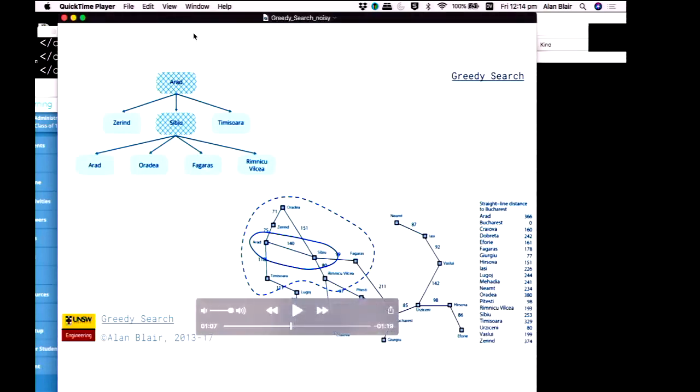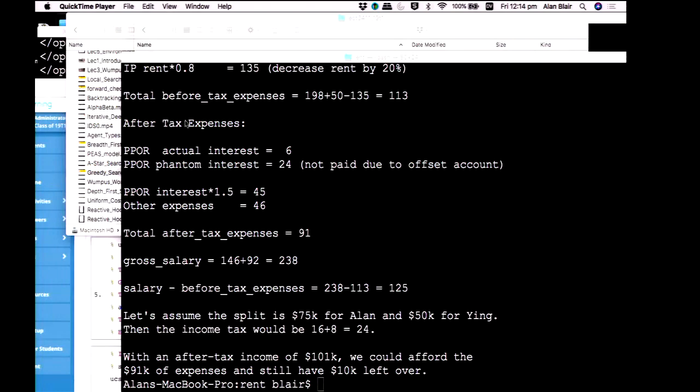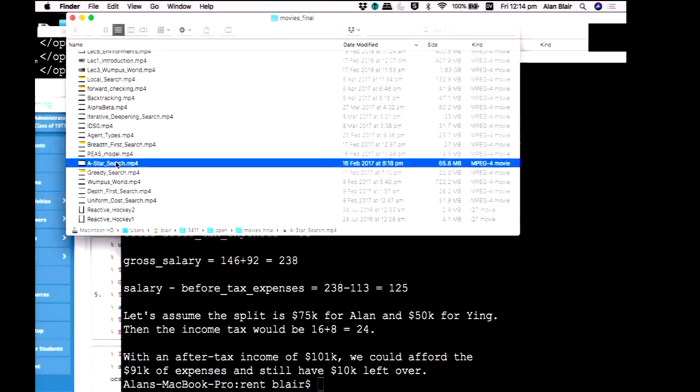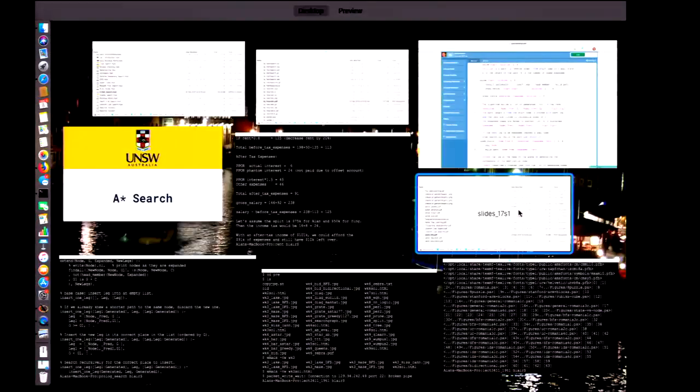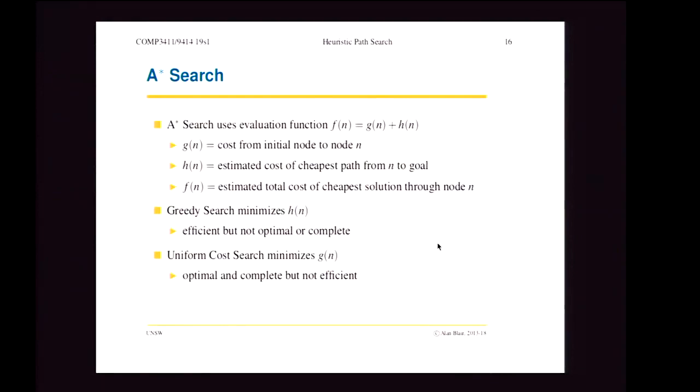So that's the motivation for this A-star search. What A-star search actually does, when it tries to decide which node to expand, is look at a combination of these two things.